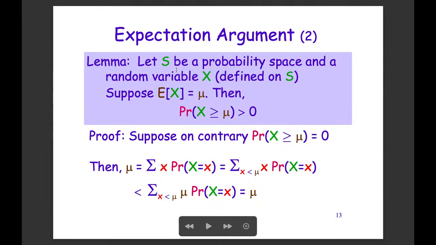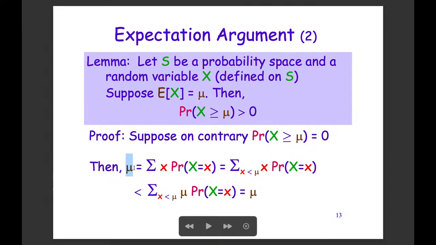So this is exactly the same. The probability of x greater than or equal to mu, the expected value of x, is greater than 0. We prove this by contradiction. If it is not greater than 0, that means it must be equal to 0 because it is about probability. So the probability of this is equal to 0, and we hope to derive something wrong. Now let us find out, based on the definition, how the expected value is computed.